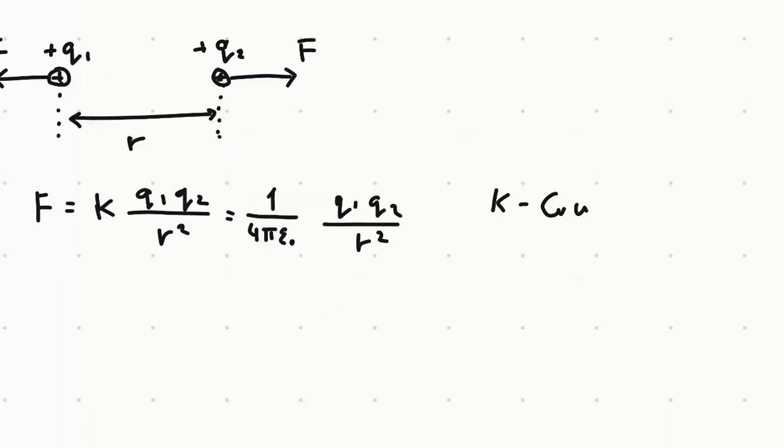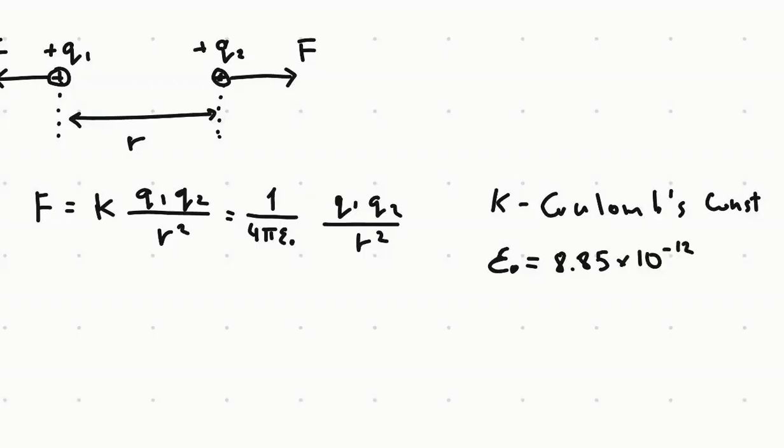Coulomb's constant, and epsilon 0 is 8.85 times 10 to the minus 12.